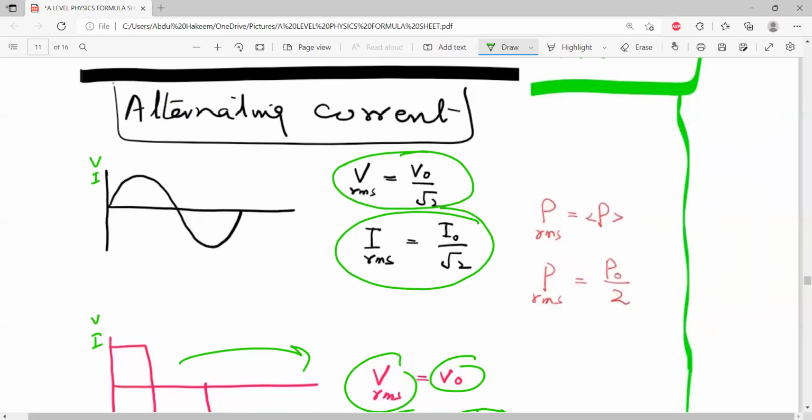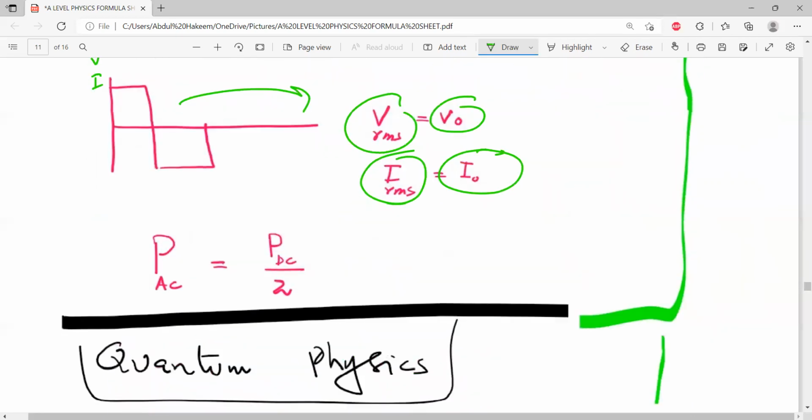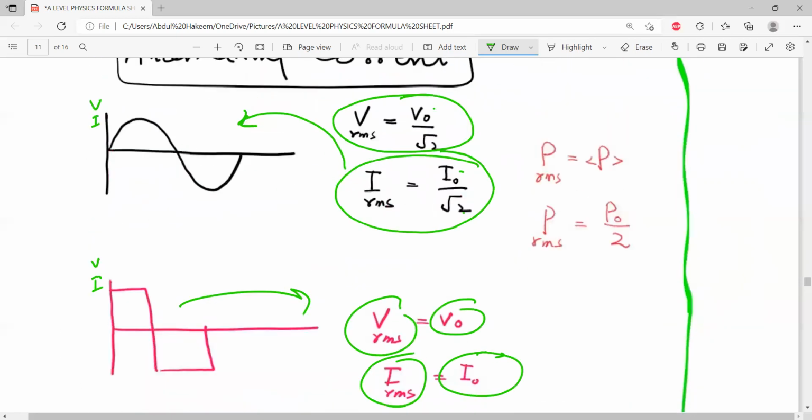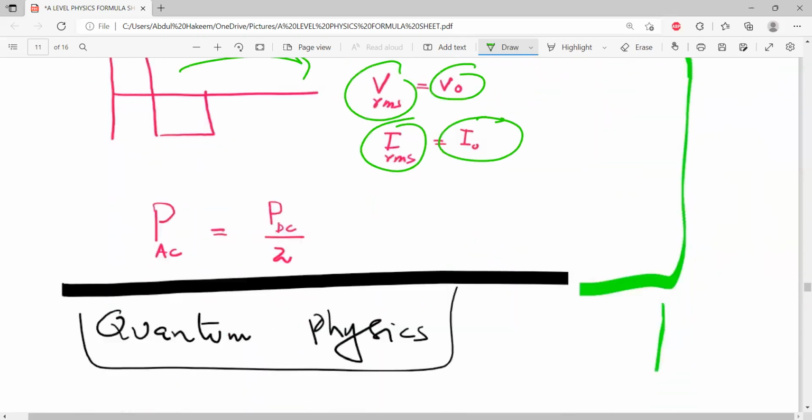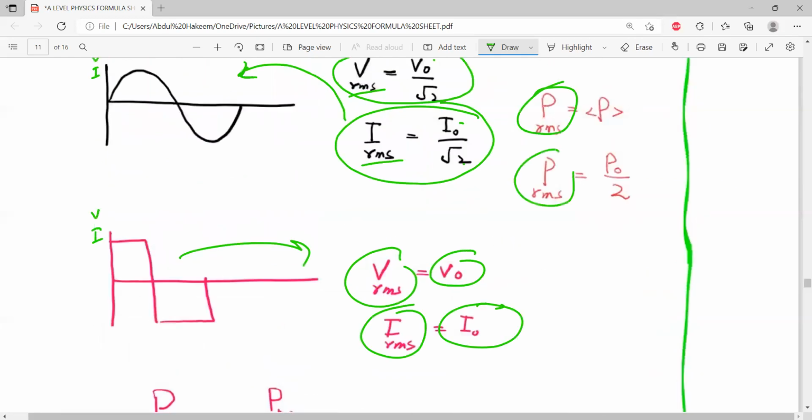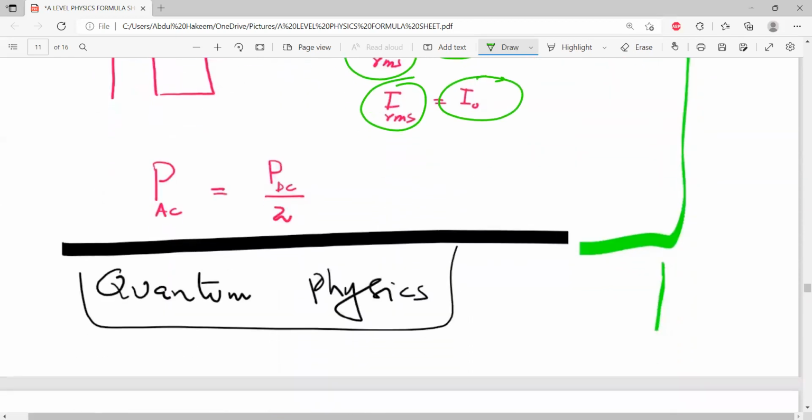So the formula I naught over root 2 or V naught over root 2 is only valid for a sine wave. Then for the average power, meaning the RMS power, we will definitely use the RMS voltage and RMS current. So the average power is peak power divided by 2, meaning 50%. So the DC power divided by 2 becomes the AC power.